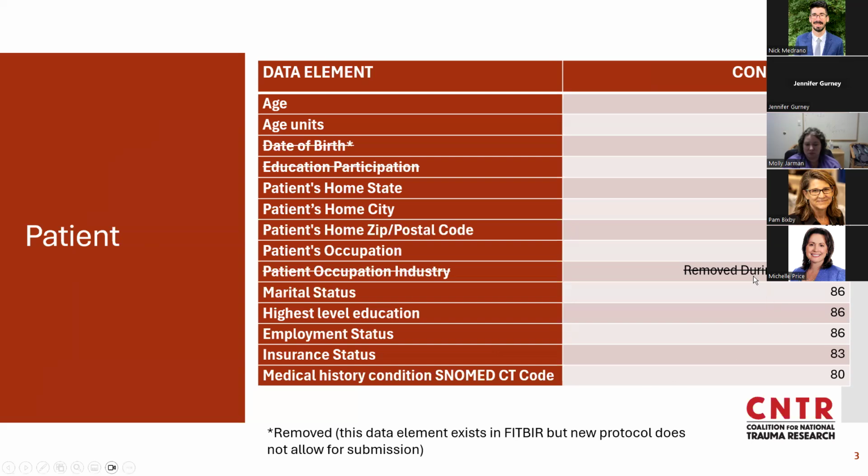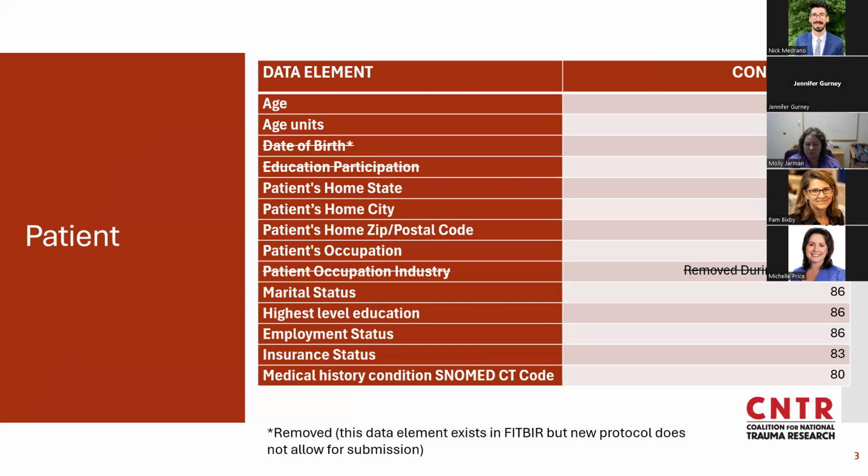During our last meeting, we decided to remove patient occupation industry and just keep patient occupation. Originally those were separated out, but after looking at all the different options and definitions, the group decided to stick with the patient's occupation itself.